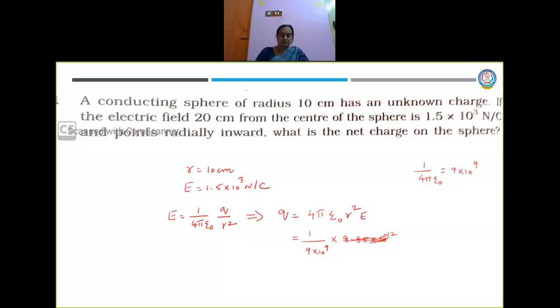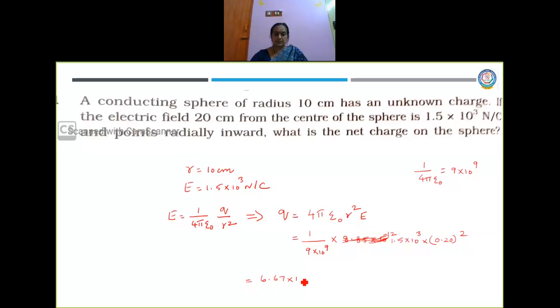R square I should substitute. Here it is electric field value 1.5 into 10 power 3 into R is 20 centimeter. So when you convert it, it is 0.20 square. Again, a simplification process.